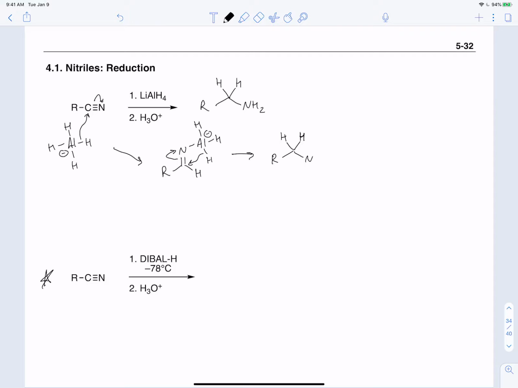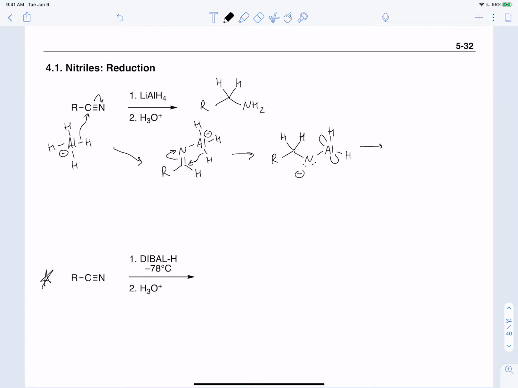And we get a nitrogen that seems fairly unhappy. We always think about a deprotonated nitrogen as being very, very basic and very, very reactive. This is somewhat tempered because right next door, this aluminum has an empty p orbital.